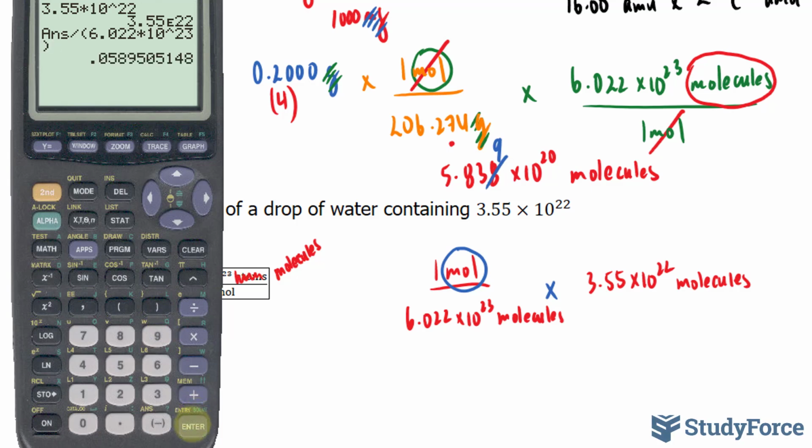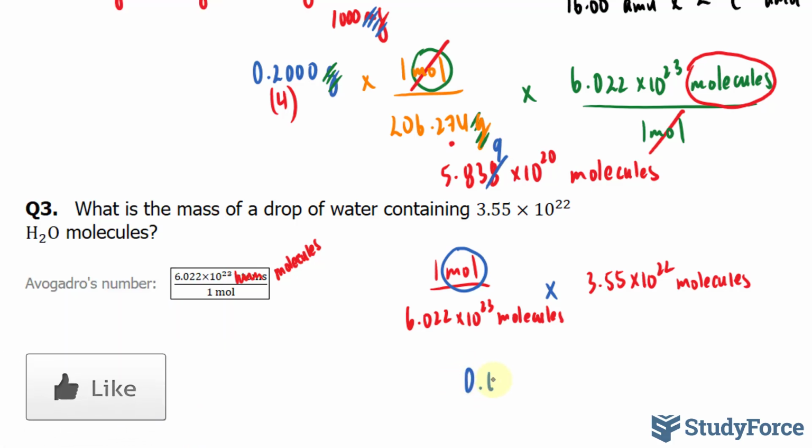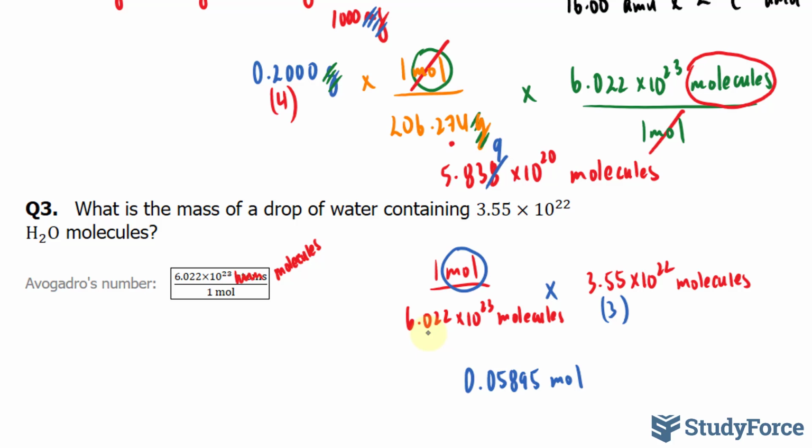And this gives me 0.05895 moles. This has 3 significant figures, and the amount of significant figures here don't count because it's considered an exact number. So our final answer should also have 3, although I won't round now, but I will put a dot underneath this 9 to signify that the 9 is the last significant figure. So I have the number of moles.